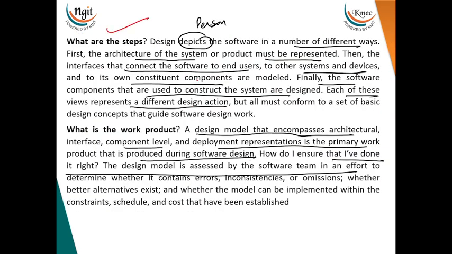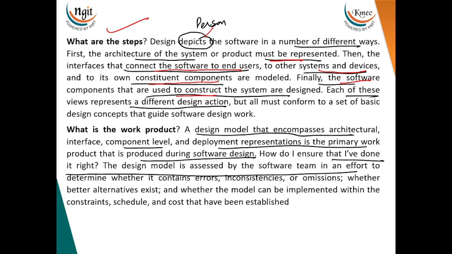What are the steps? The design engineer dissects the software in a number of different ways. First, the architecture of the system or product is represented. Then the interface. Once the architecture is done, then the interface, how the software is connected to the end user, is done, or to other systems or devices, and to its own components. Finally, the software is exposed to the user to conduct the test.